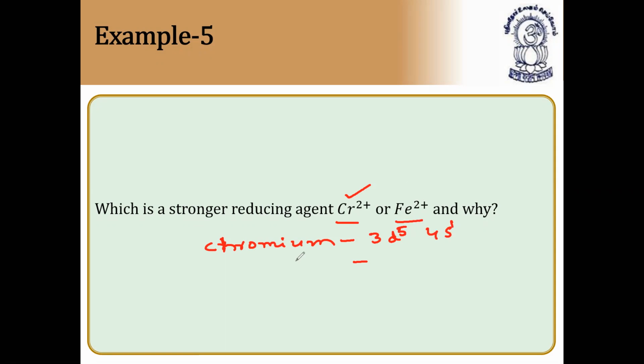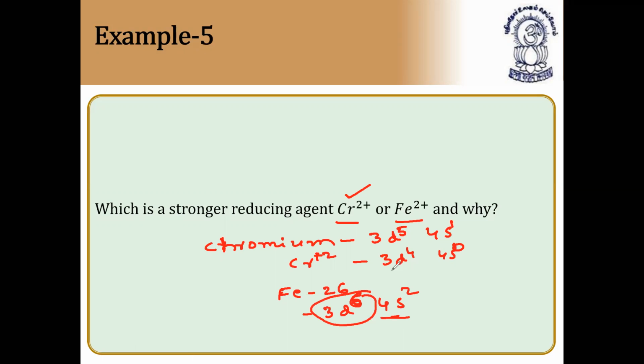So after removing electrons, Cr plus 2 becomes 3d4, 4s0, whereas iron's atomic number is 26, so its configuration is 3d6, 4s2. After removing 2 electrons, it has 6 electrons.